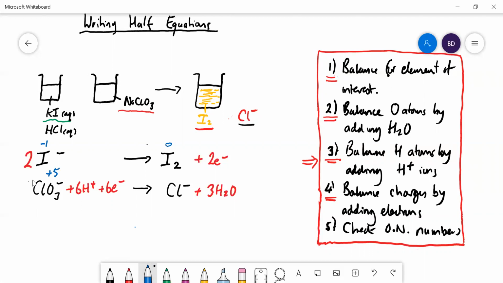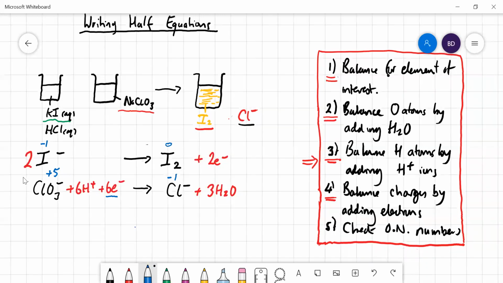And if you wanted to work it out, the sum of oxidation numbers is equal to the charge. The charge is -1. Chlorine we don't know. 3 times oxygen -2, -6. So chlorine is going to be +5. So that's fine. And the chloride ion is obviously going to be -1. So it is a reduction because the oxidation number has gone down. Reduction is gain. It is gaining electrons. Is it gaining the right number? Well, from +5 down to -1 is 6. So that is the right number of electrons.